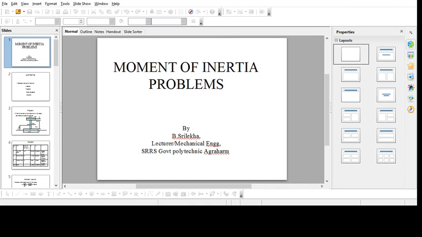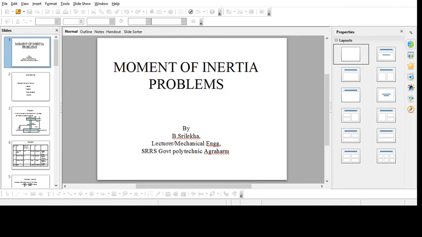So it is simply Ig1 plus A h y1 square, plus Ig2 plus A2 h2 square, plus Ig3 plus A3 h y3 square. Again, similarly, the moment of inertia about the OY axis, nothing but Iyy, is equal to Iy1 plus Iy2 plus Iy3. So Iy1 means Ig1 plus A h x1 square.